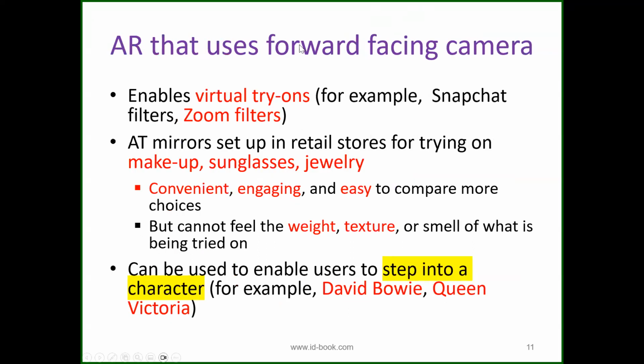AR that uses a forward facing camera enables virtual try-ons, for example the Zoom filters that we saw. It can make changes in part of the face. We have AR mirror setups in retail stores, which help, for example, like MAC Makeup, they have their app using the virtual reality.